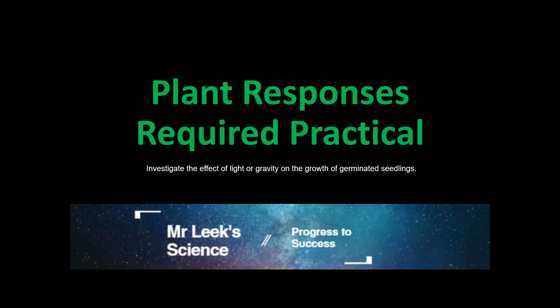That's a control variable. So 50 centimeters cubed of water into each Petri dish with cotton wool. Place a minimum of 10 seeds in each Petri dish.